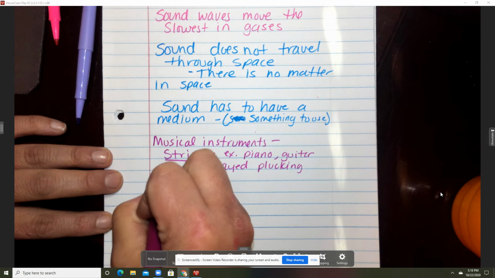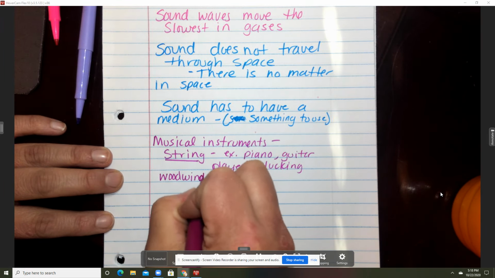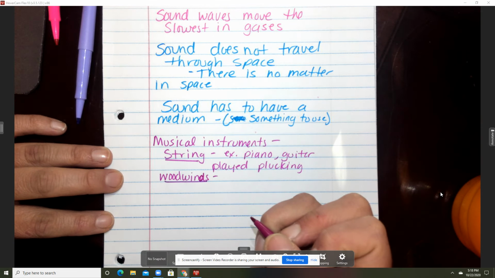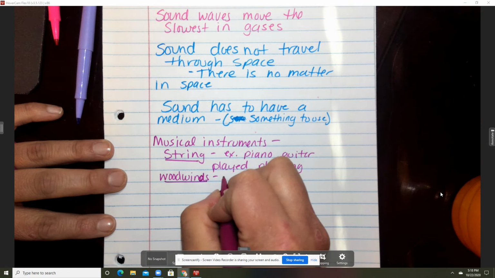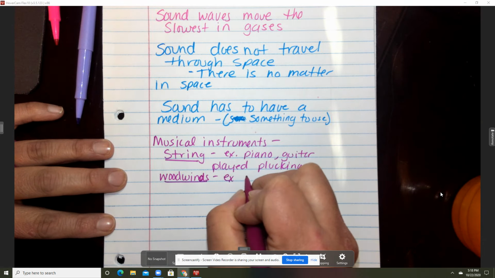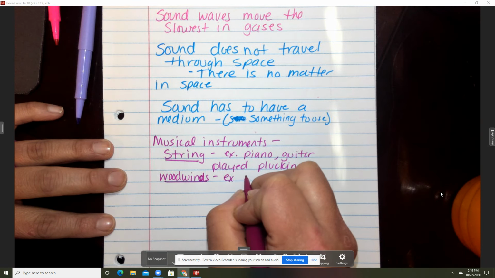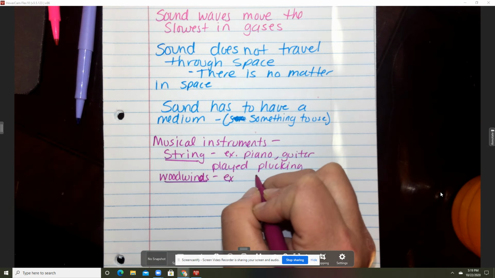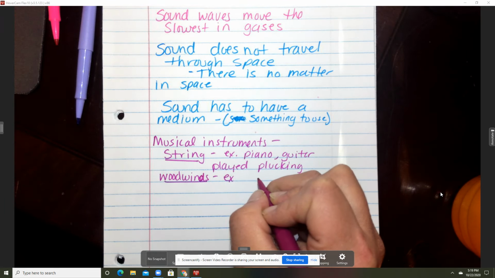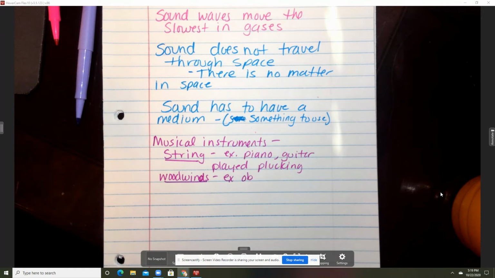Then you have woodwinds. And they have a wooden reed. That's going to be things like an oboe, a clarinet, things like that. Let me look at the picture, I'm spelling oboe right. That was right. A clarinet is a reed.